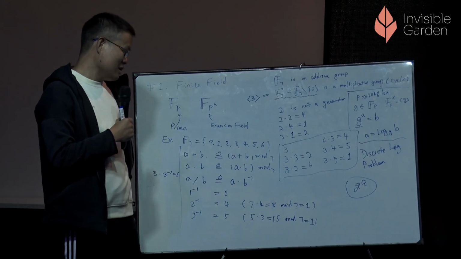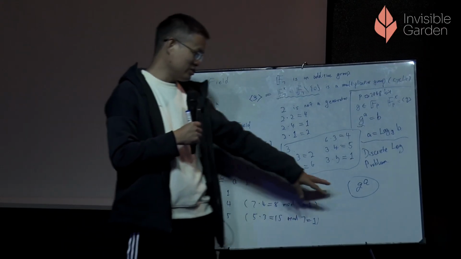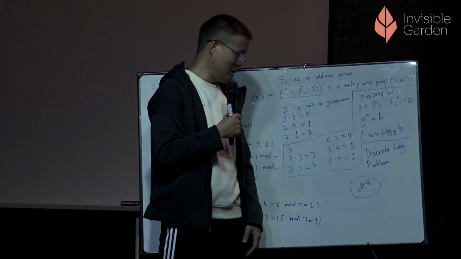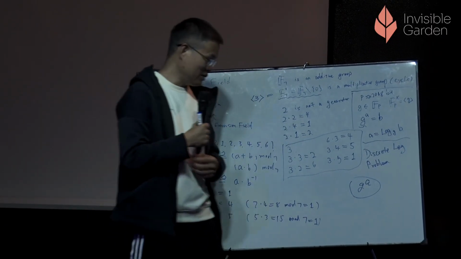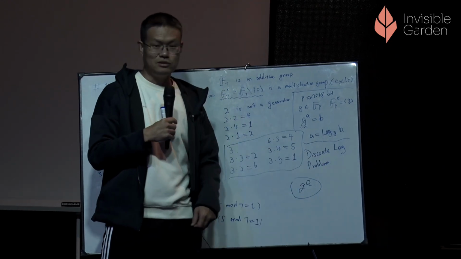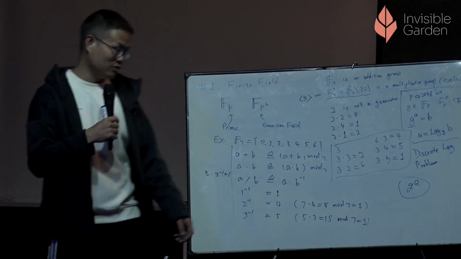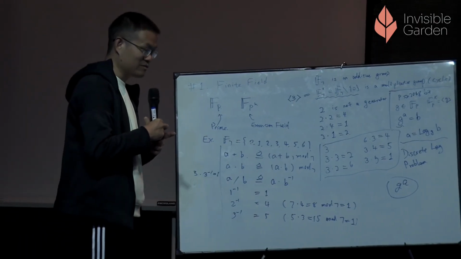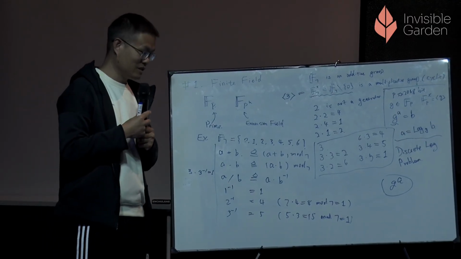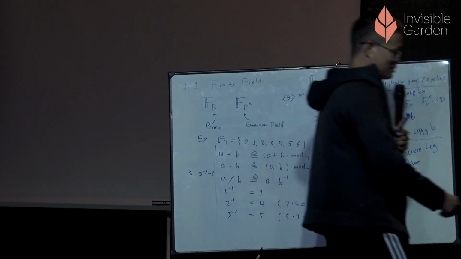But right now, many cryptographic constructions are based on the discrete log problem. Sometimes in crypto, we use another variant called the elliptic curve discrete log problem. So we don't use that P straightforwardly, we use an elliptic curve. I think today there is another talk introducing elliptic curves, so I won't say too much here.